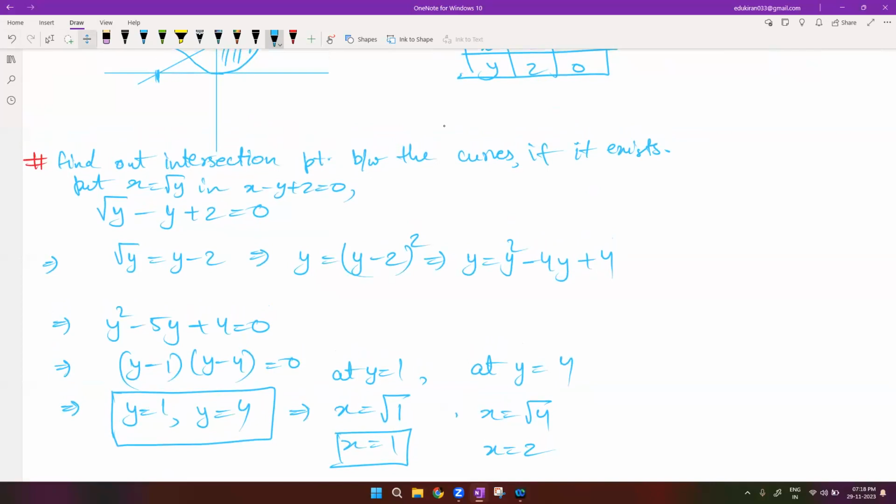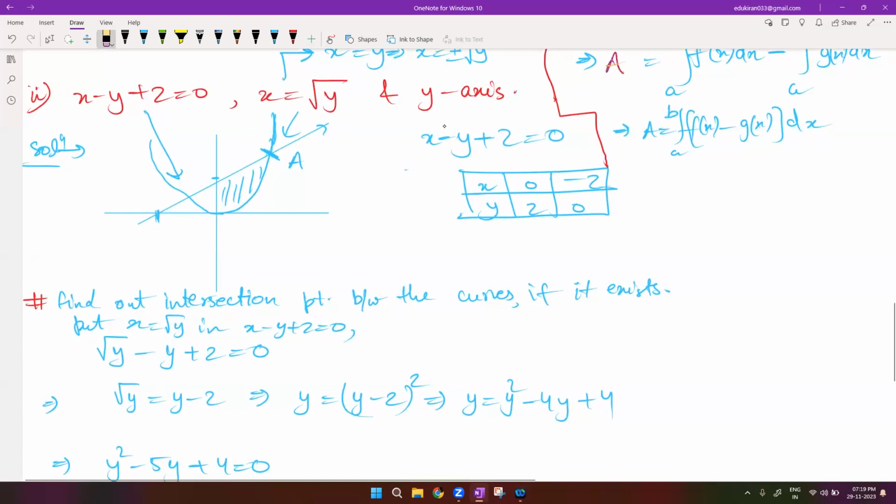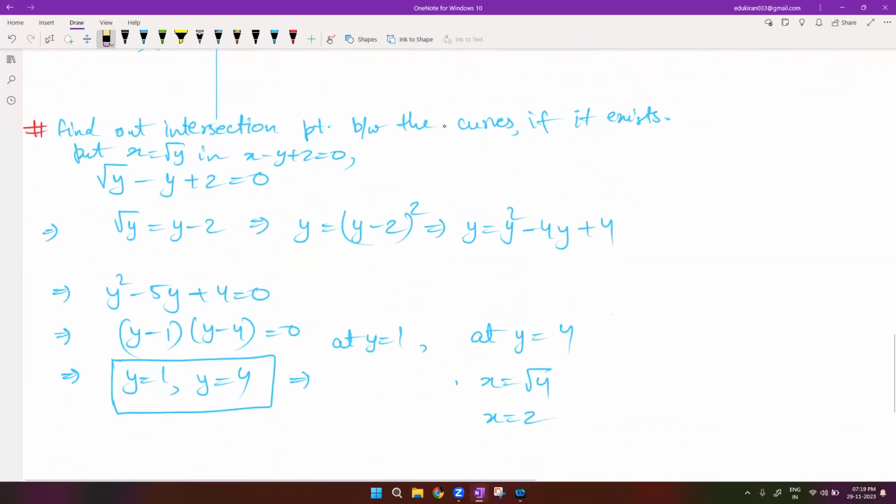In fact, we should find these values like this. At y is equal to 1, put y is equal to 1 in the equation of the line, x minus y plus 2. If you put y is equal to 1 in this equation, then you will get x minus y plus 2 is equal to 0, right?